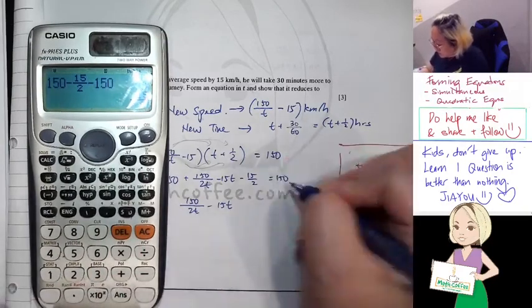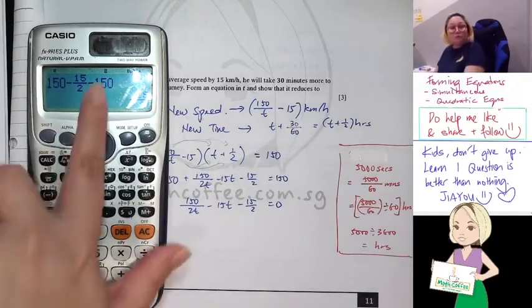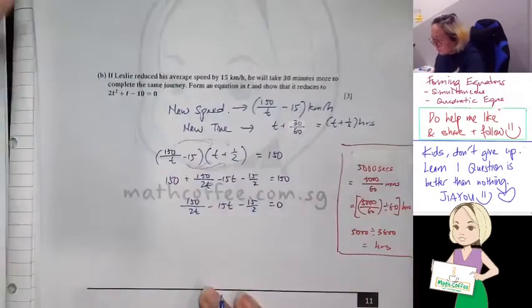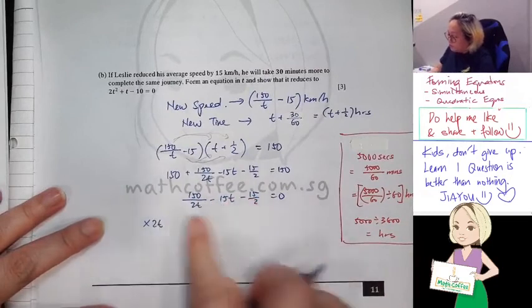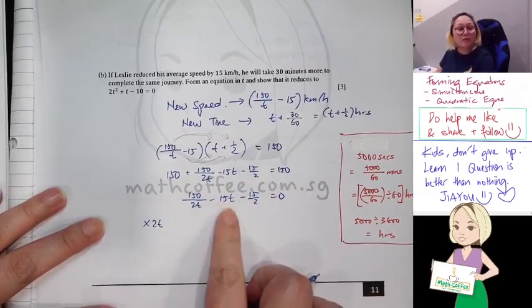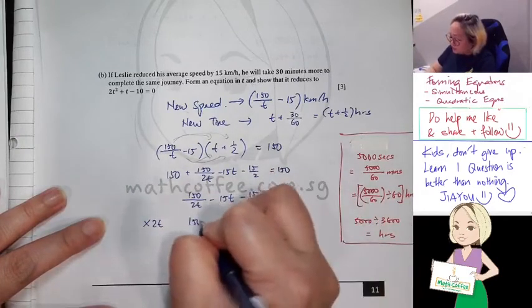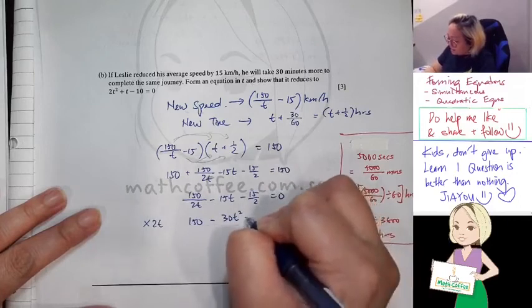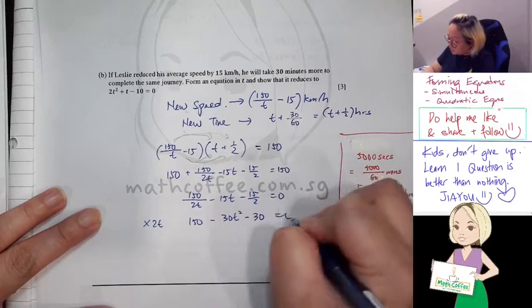So in the end, I get minus 15 over 2 equals 0. Now I'm going to make it flat, so I'm going to multiply by 2t throughout because the LCM is 2t.